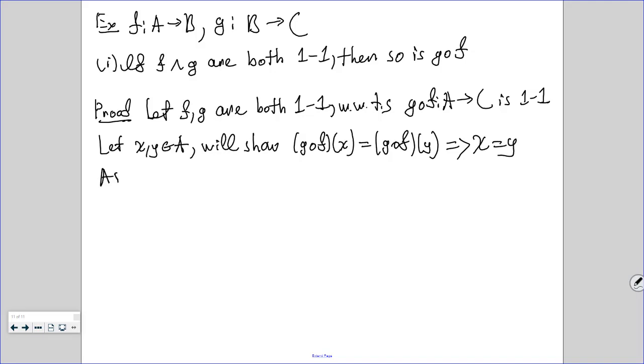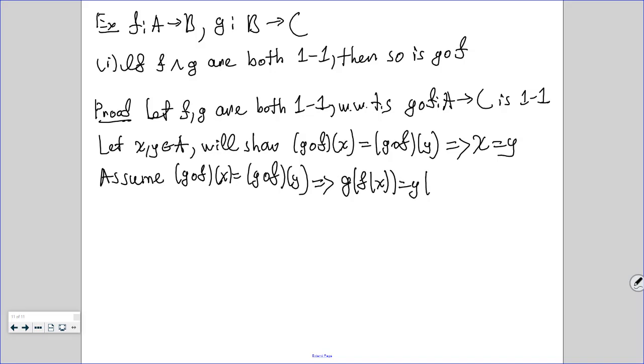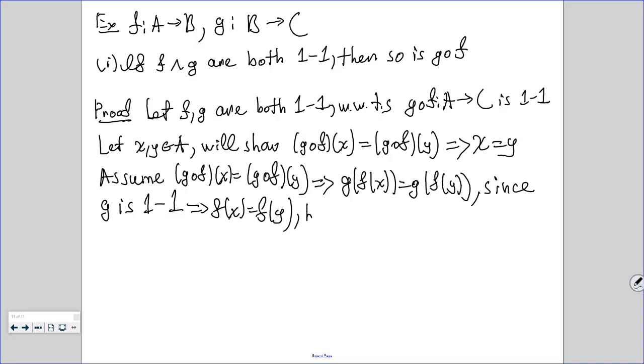Now let's assume that the equality of composite functions holds. Therefore, g of x is equal to g of y. Since g is one-to-one, from here f(x) is equal to f(y). But f is also one-to-one. Then we have that x is equal to y.